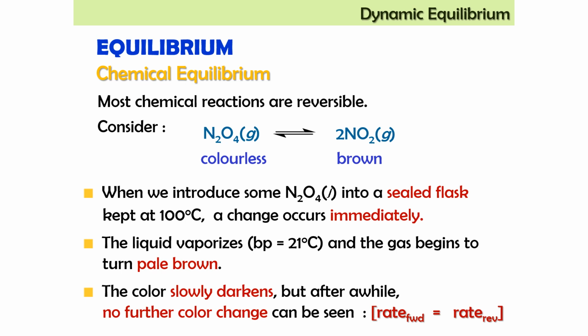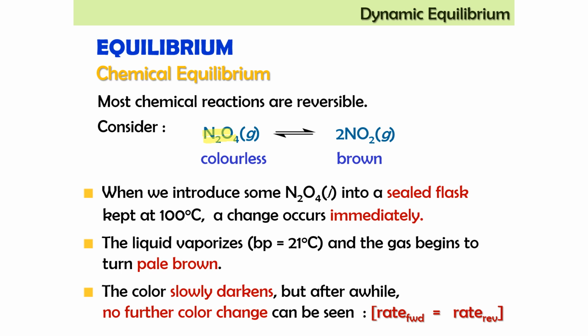So let's consider this reaction for chemical equilibrium. Okay, so chemical equilibrium means you have changes in the reaction chemically. Let's say you have dinitrogen tetraoxide here, N2O4, and then it will form product.